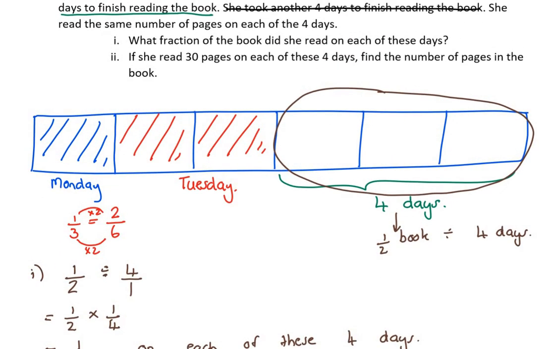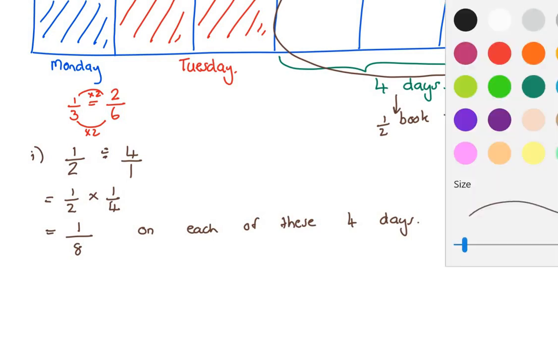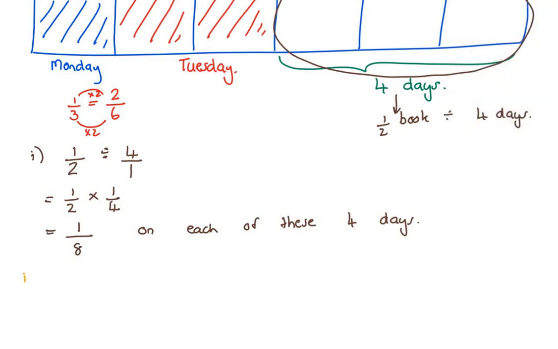And now it says, if she read 30 pages on each of these 4 days, find the number of pages in the book. So a couple of ways to do this. Basically, there's 2 main ways how I would approach this. Either you could say 1/8 of the book is 30 pages, because they told you that she read 30 pages on each of these 4 days, and each of those days represented 1/8.